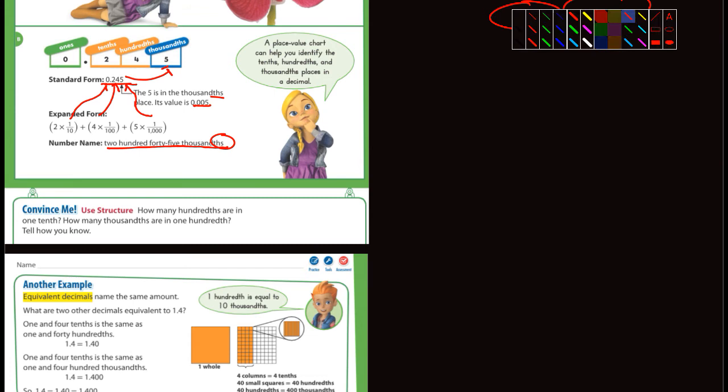Okay, convince me. It says how many hundredths, THS ending, are in 1/10? How many hundredths are in 1/10? That would be 10. There are 10 hundredths in 1/10.